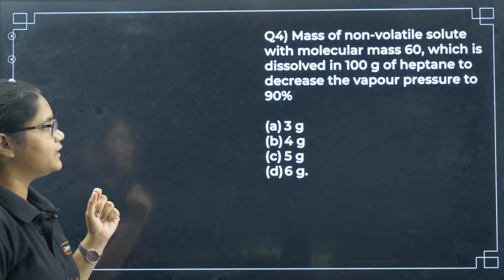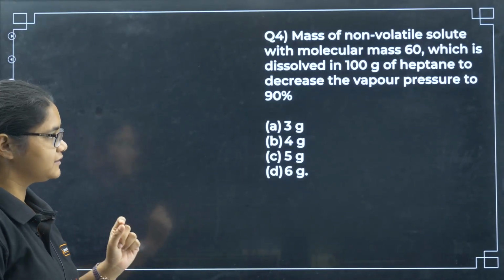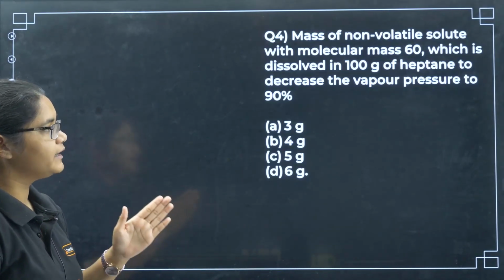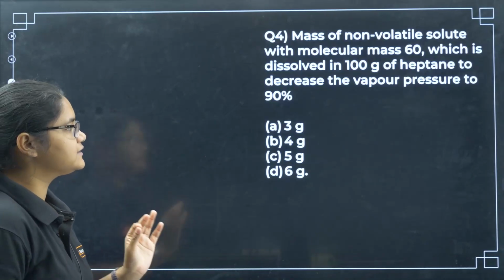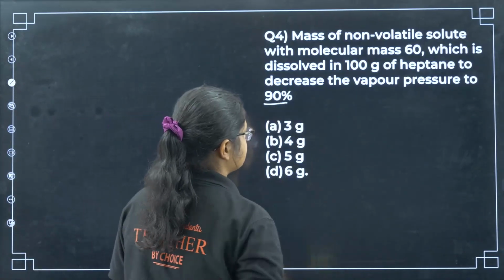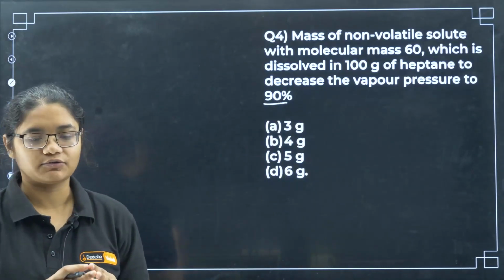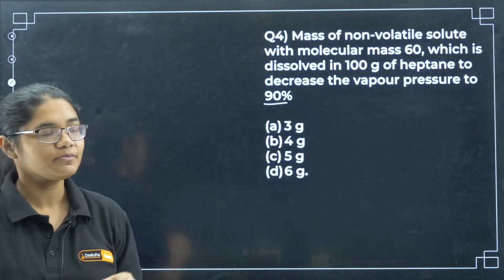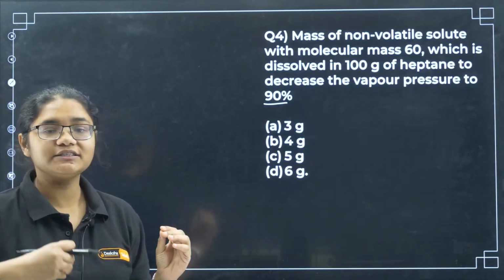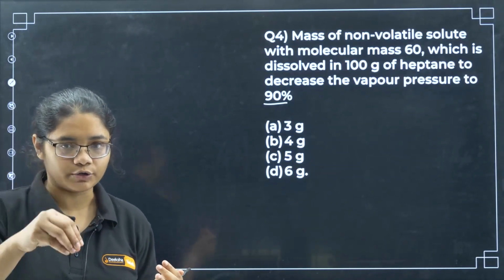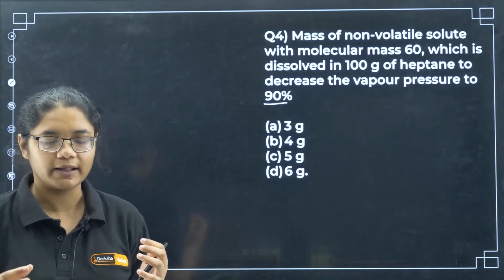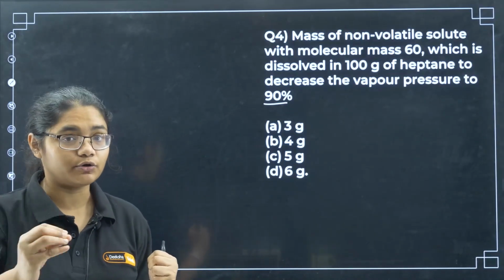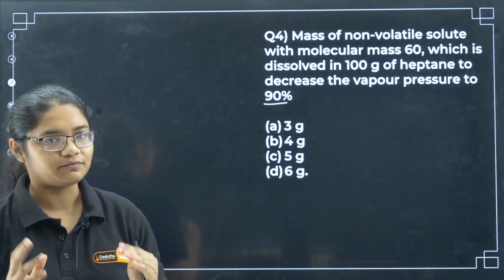Okay, next question number 4. Mass of the non-volatile solute with molecular mass 60, which is dissolved in 100 gram of heptane to decrease the vapor pressure to 90%. So this question is from relative lowering of vapor pressure. The question is asking how much amount. Whenever you add a solute to the solvent, the vapor pressure will decrease.